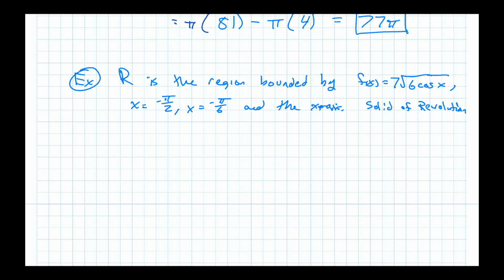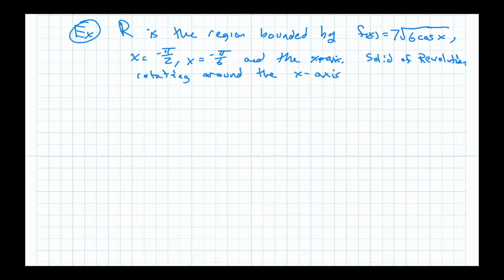Rotating R, which is the region, around the x-axis. So it's still the x-axis. This is fundamentally the same as the previous problem. Your function here, you can graph that function, 7 square root 6 cosine x.